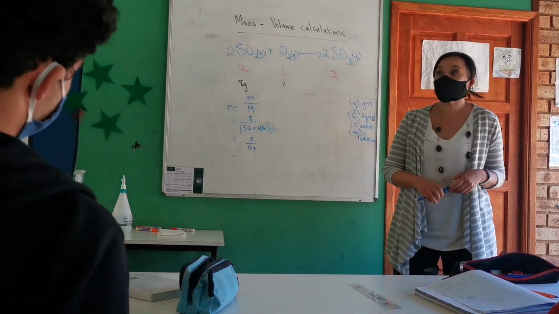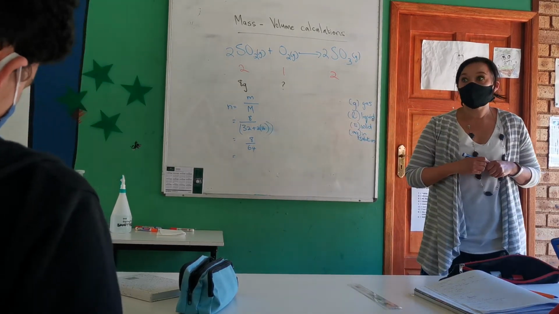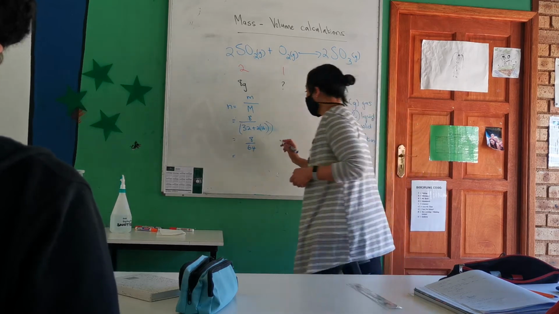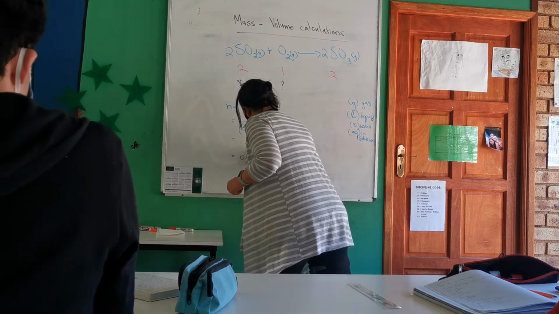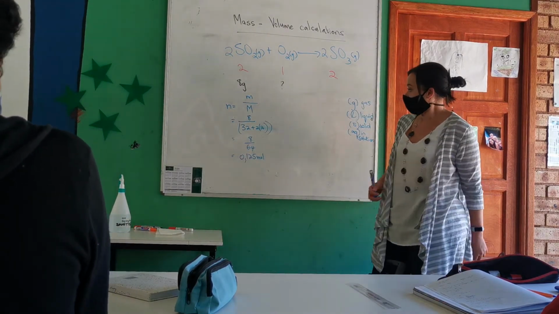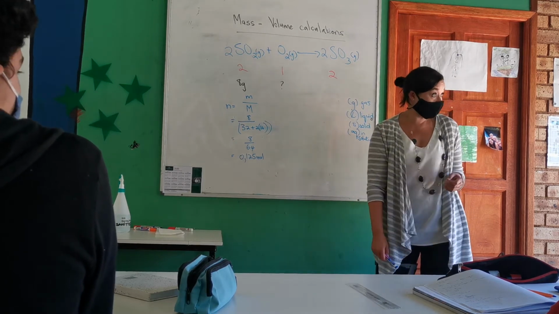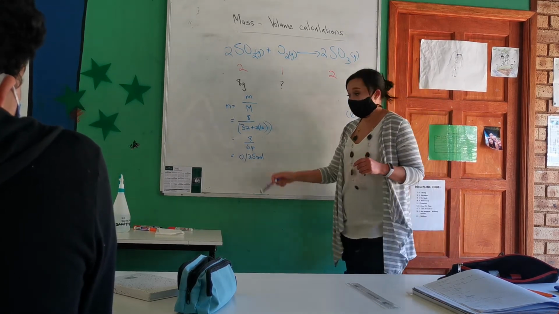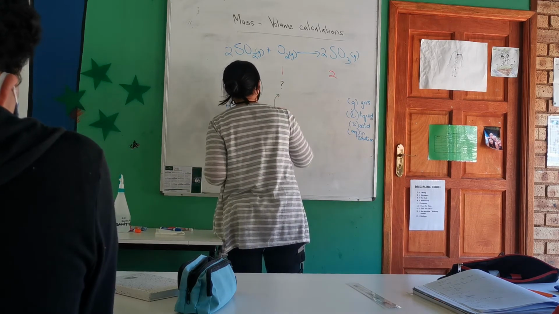Somebody do 8 divided by 64. 0,125. Did I get the molar mass right, guys? Yes? Okay. So 0,125 moles is my number of moles. Let's use the mole ratio from this point to that point over there.